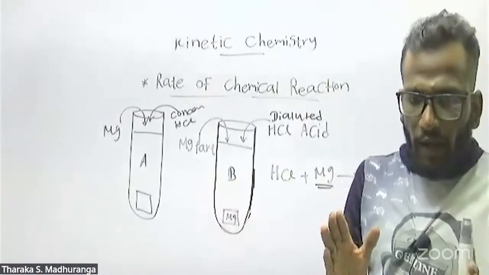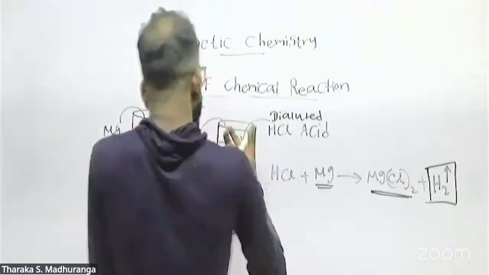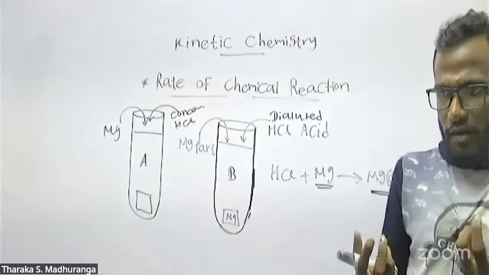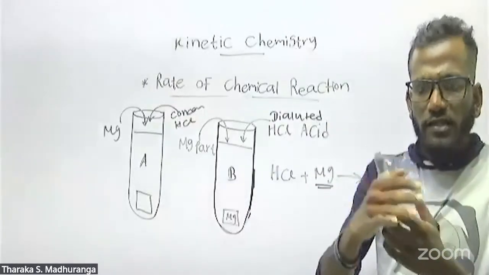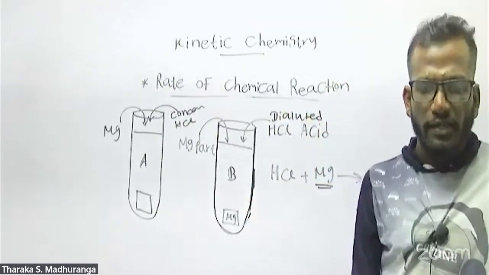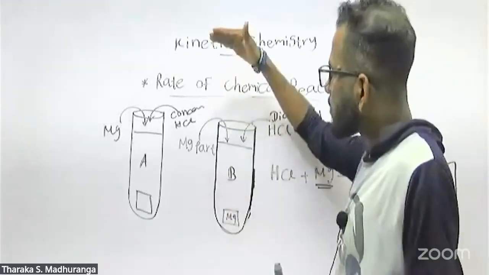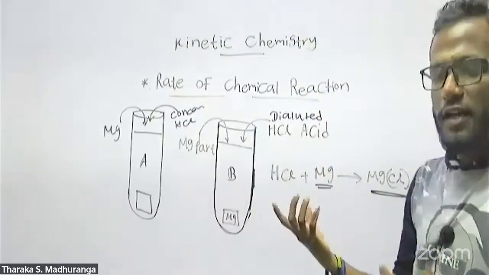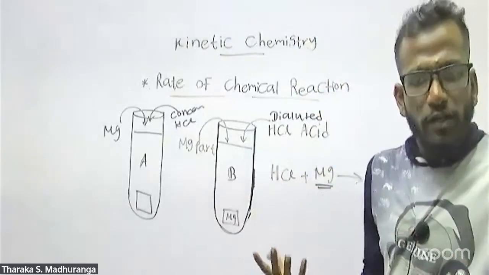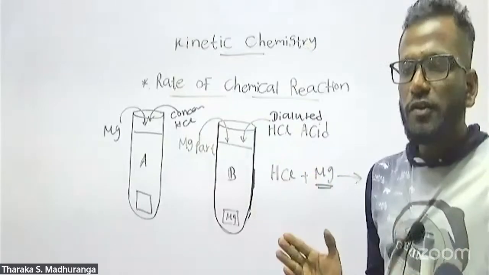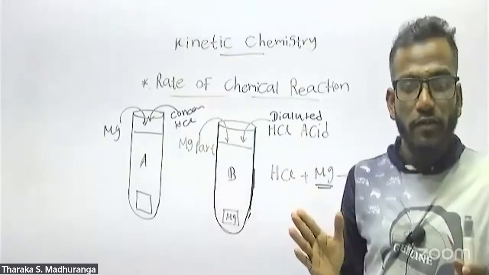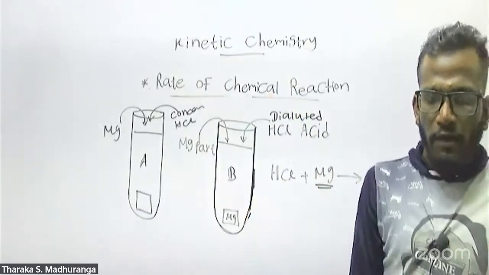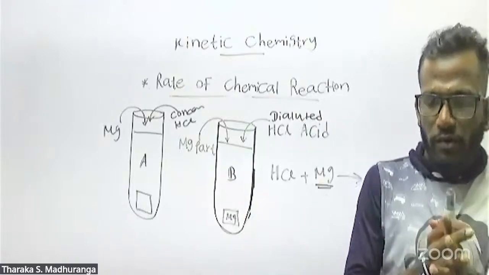Okay, from this observation, this evidence, we can get some comparison about the rate of reaction, some general idea, but the problem is from these evidences and observations we can't get a numerical value for the rate of chemical reaction. Our target of this lesson is to calculate the rate of chemical reaction into a numerical value. Okay, I think now you have some idea about the lesson.